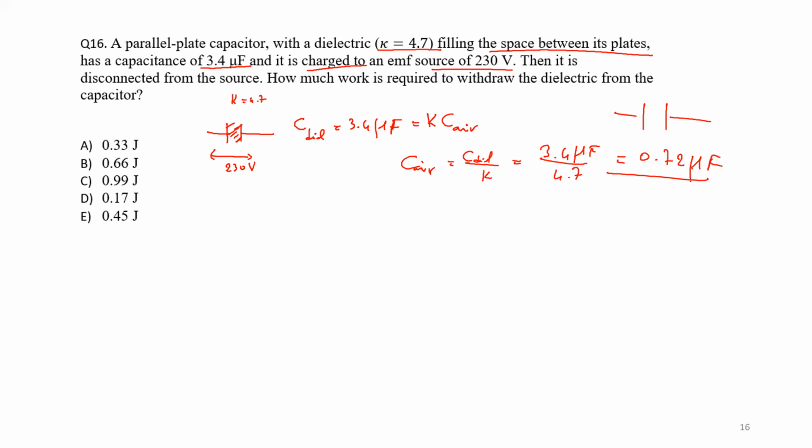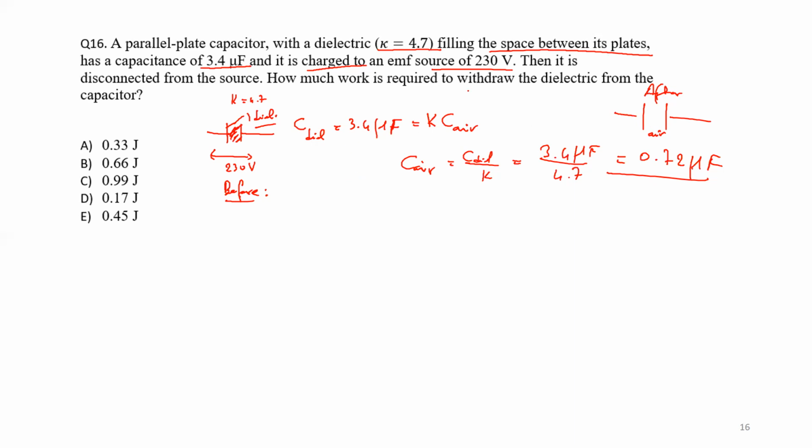Good. Now this was before. And after I'm withdrawing the dielectric. So this is after. Basically, before I had dielectric here, which is an insulating material. So now I have air.